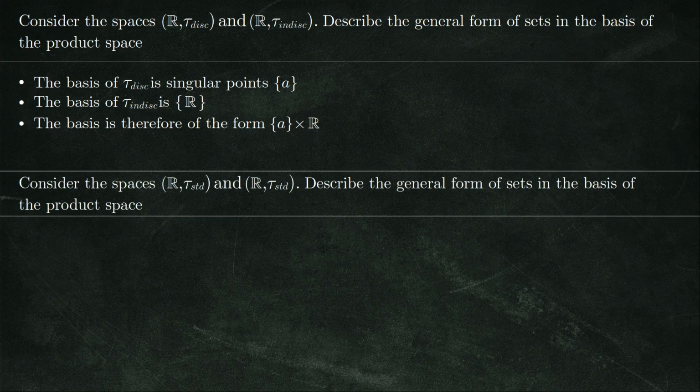Okay, for our next example, we have two copies of the real line, but this time they have the standard topology. So what does the general form of the basis look like in the product space? Okay, have a go on your own and then come back to the video. Okay, now you've had a think.